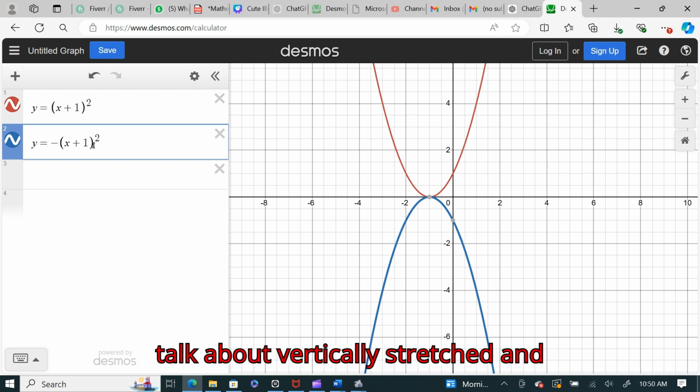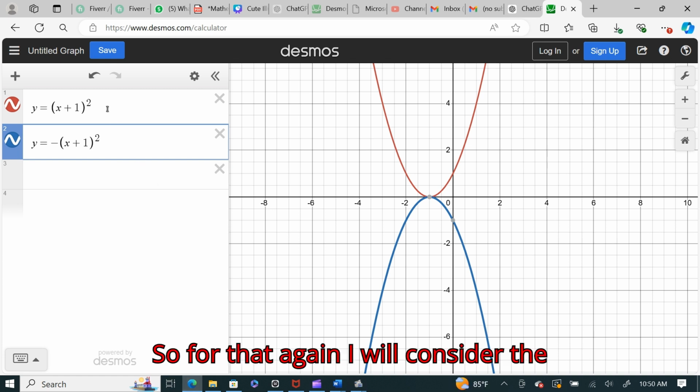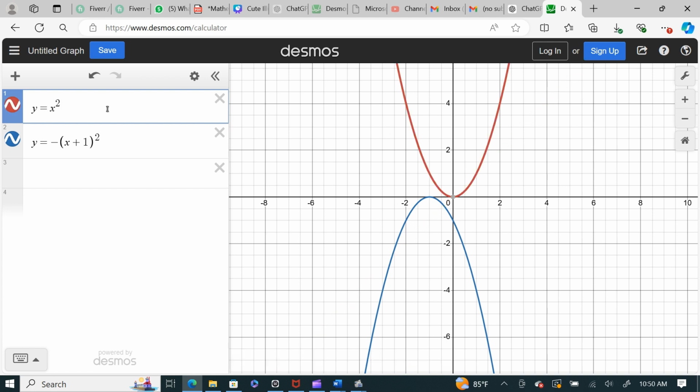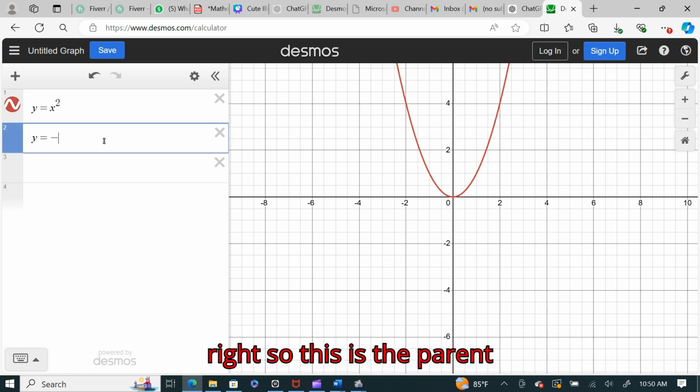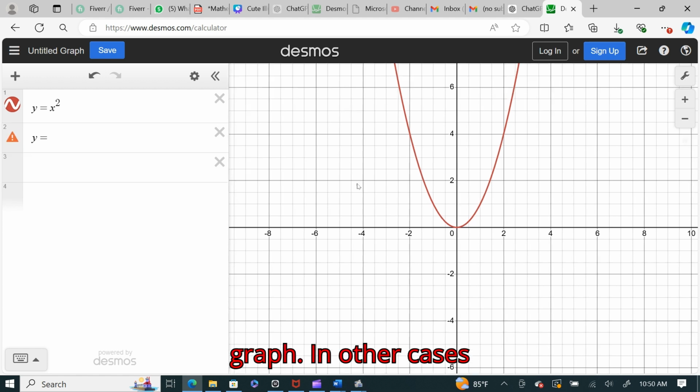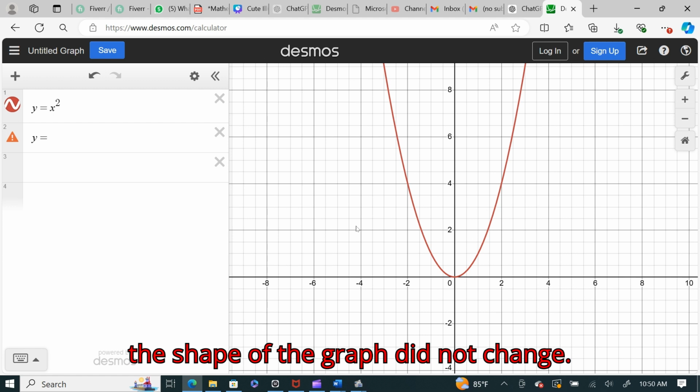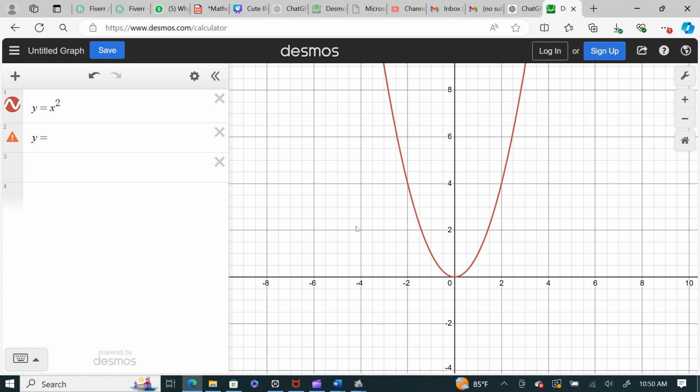Now we are going to talk about vertically stretched and vertically compressed graphs, right? So for that, again, I will consider the parent graph, x square. So this is the parent graph. In other cases, the shape of the graph did not change, right?